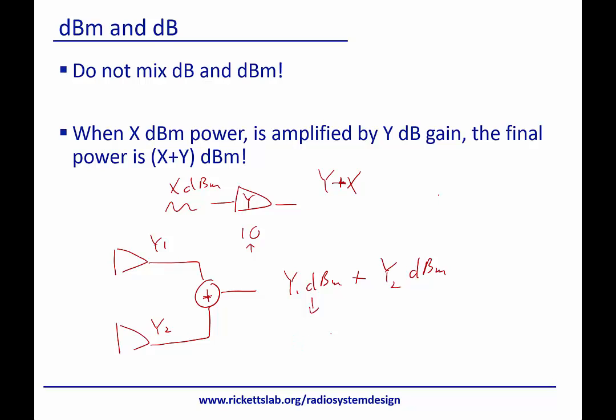Okay, now if we remember, dBm is 10 log 10 of P over 1 milliwatt.